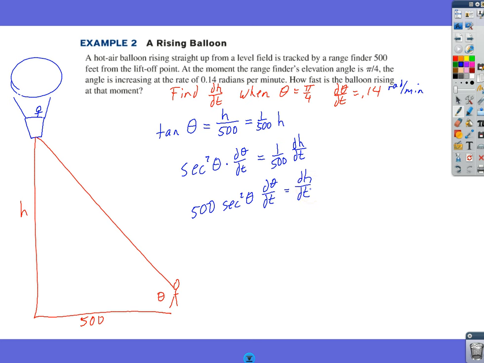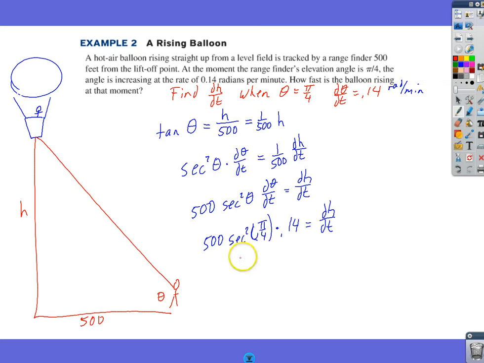Now let's plug in the values that we do know. So this will be 500 secant squared of pi over 4 times 0.14 is equal to dh/dt. At this point you can get out your calculator, but you have to remember that secant squared is not on your calculator.